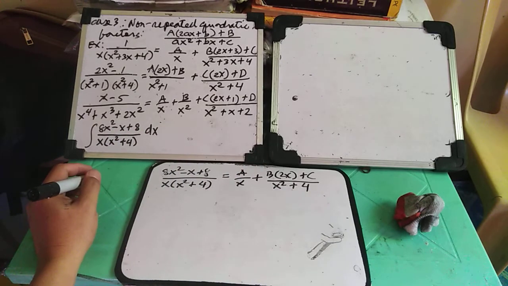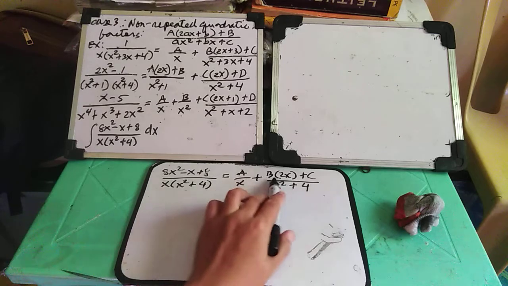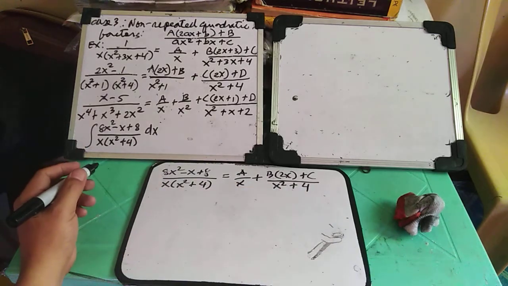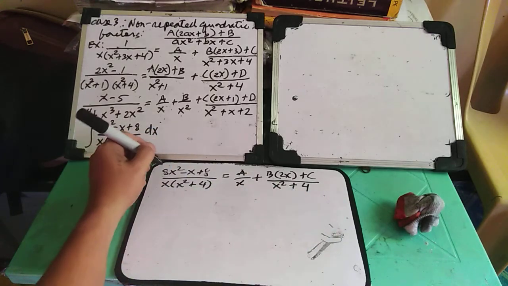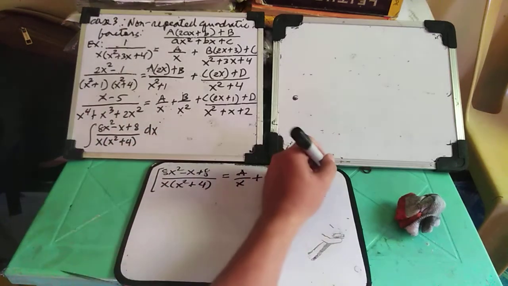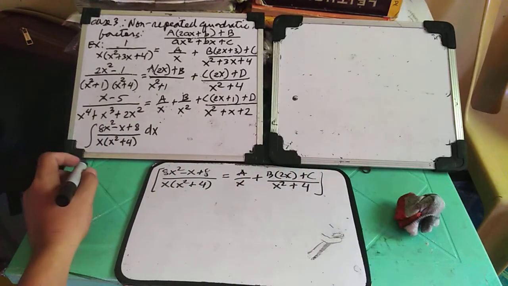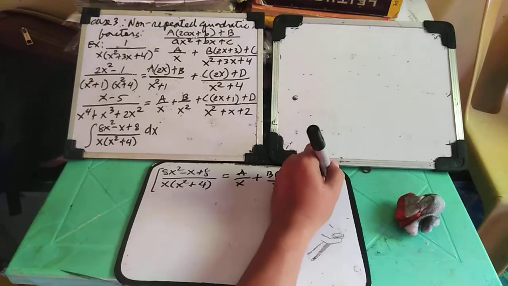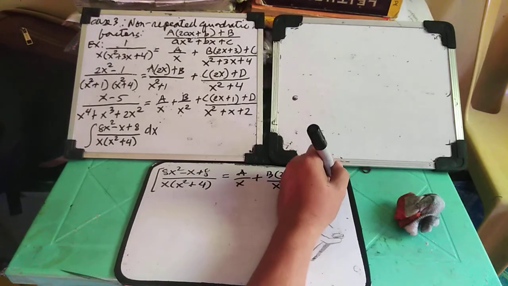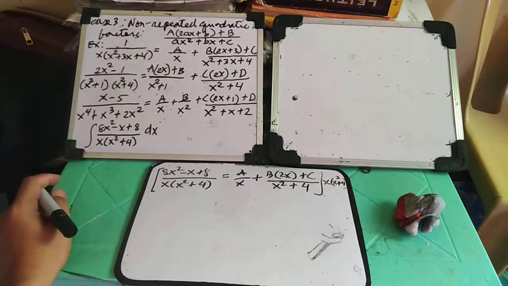Then our goal now is to solve for A, B, and C. So to solve for the unknown values, first we will eliminate the denominator, and that is done by, again, multiplying the whole equation by its LCD. So the LCD is x times x squared plus 4.